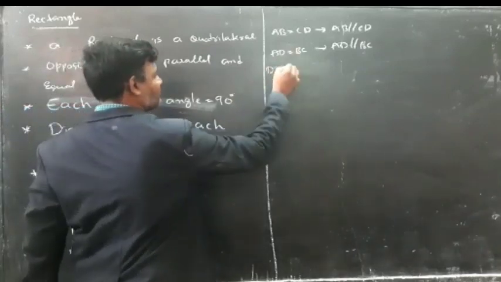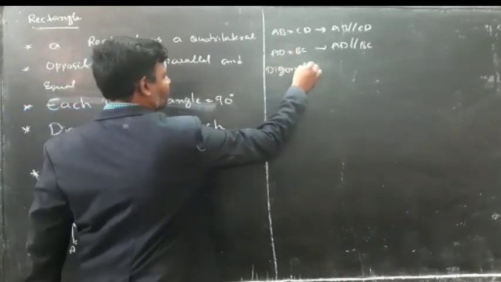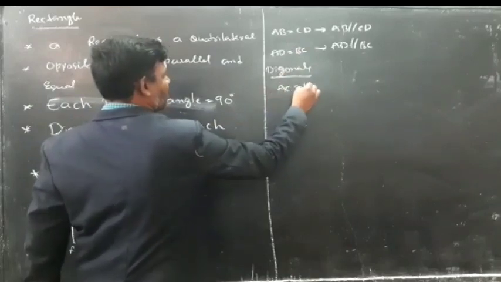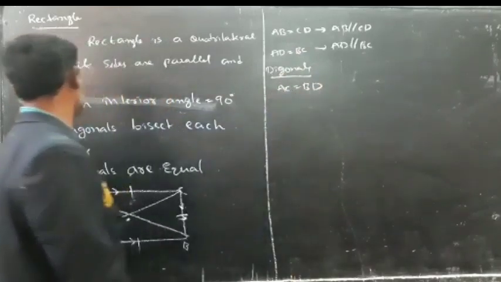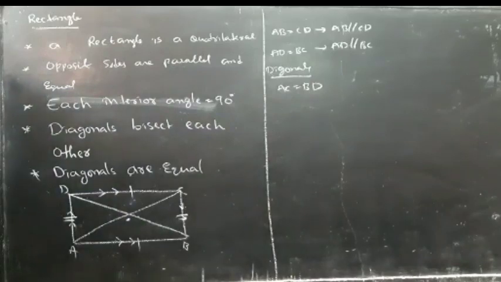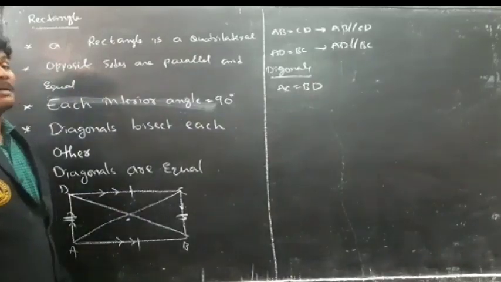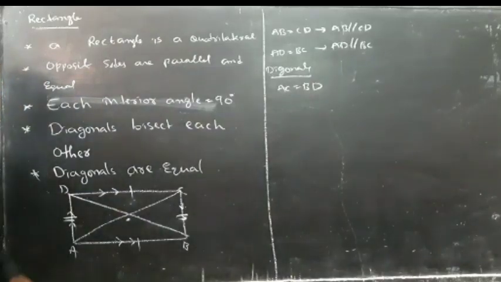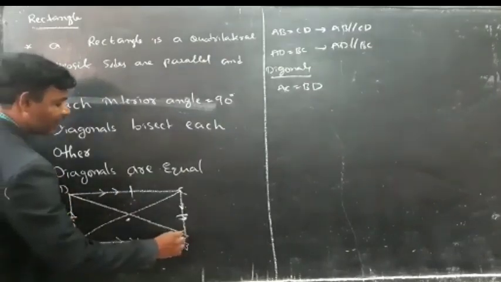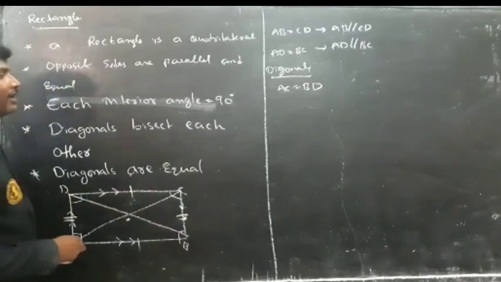Diagonals: AC is equal to BD. Next, diagonals bisect each other. And each and every angle of a rectangle is equal to 90 degrees.